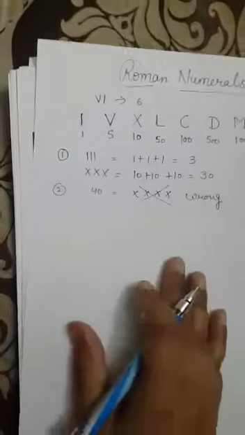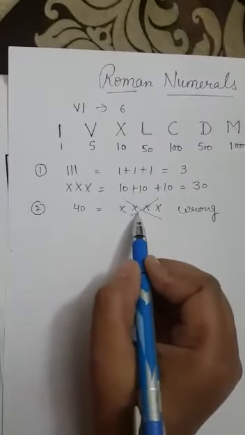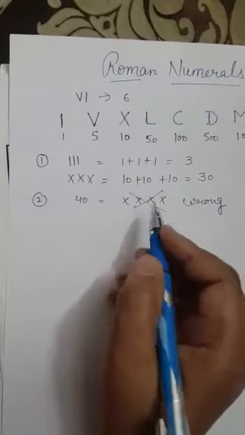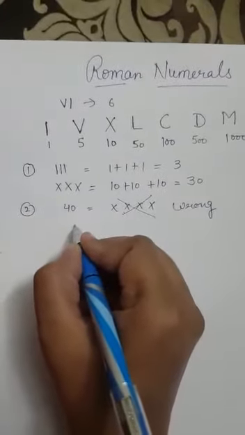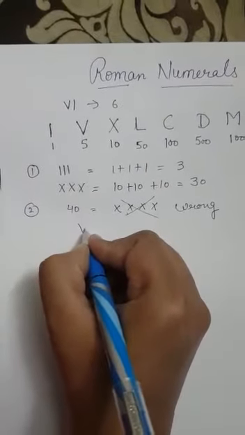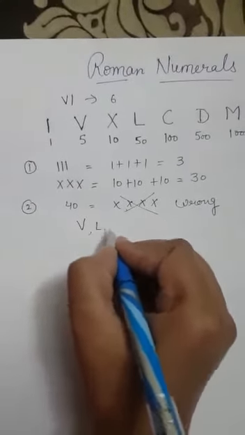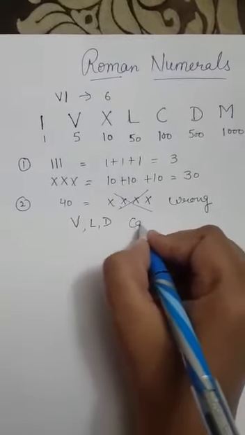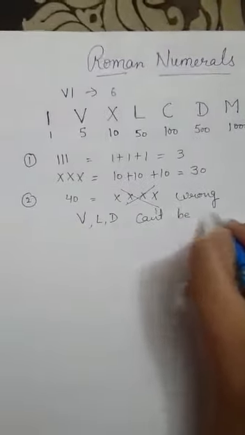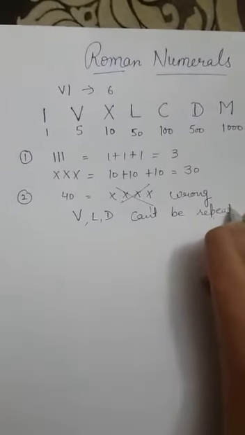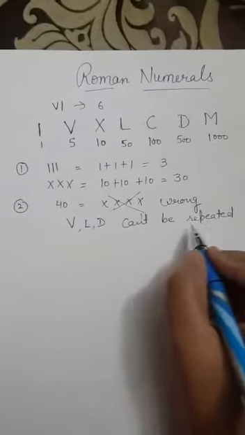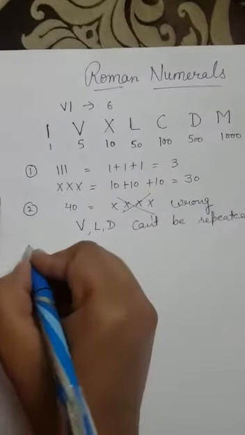So your second rule is that you can't repeat a symbol more than 3 times. And with that, there is one restriction also: V, L and D cannot be repeated.